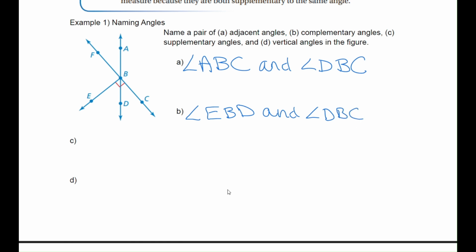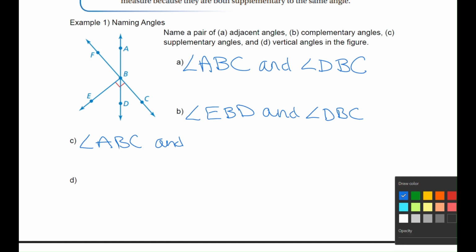The next one is supplementary angles. This means they add to be 180 degrees, or together they make a straight line. Say we had angle ABC again, and we're looking for another angle that together makes a straight line.